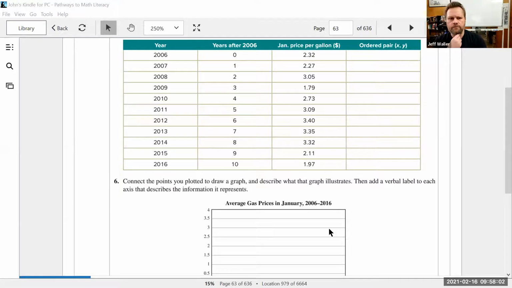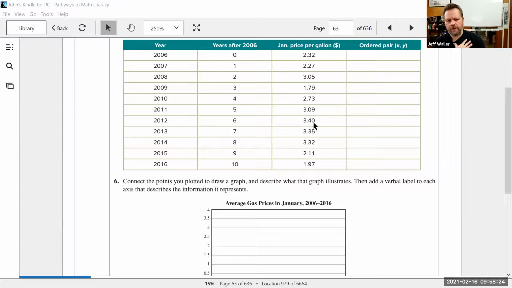What's the highest value on the y-axis in the data? On the chart it's $4, but in the data, the 2012. It probably could have just stopped at 3.5.